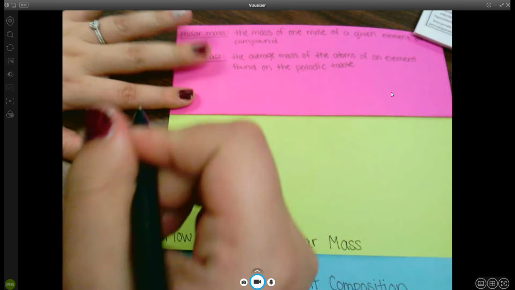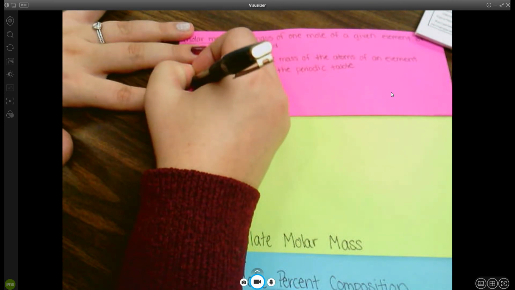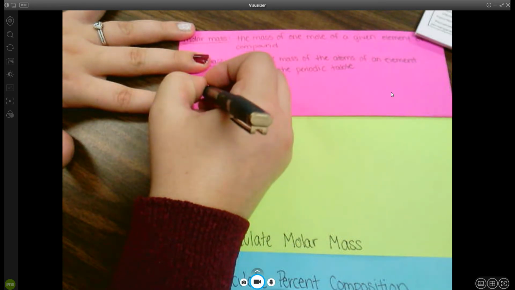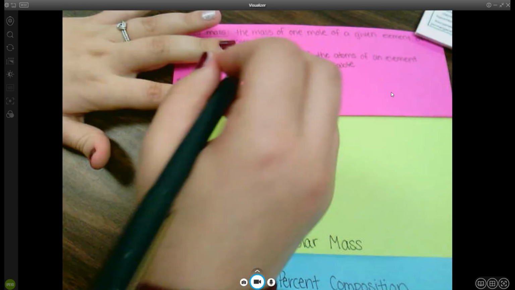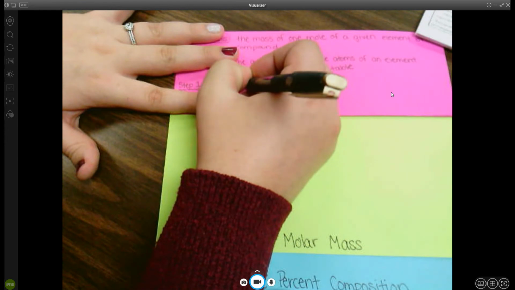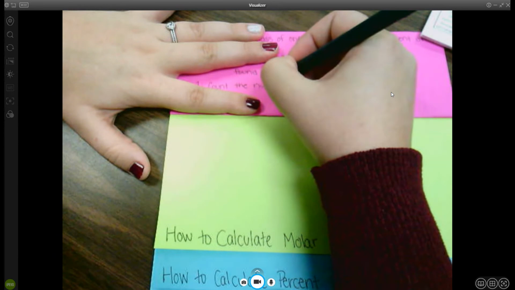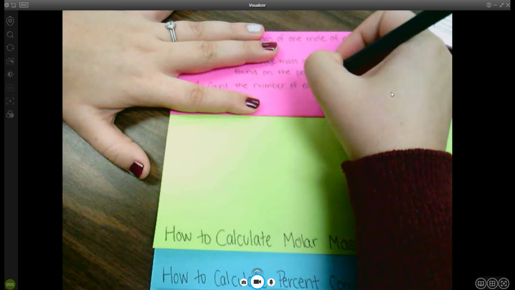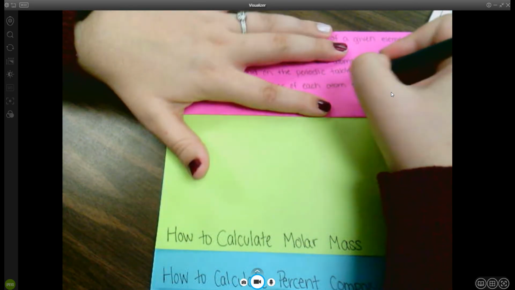So step 1 will be up here. Step 1, count the number of each atom present.